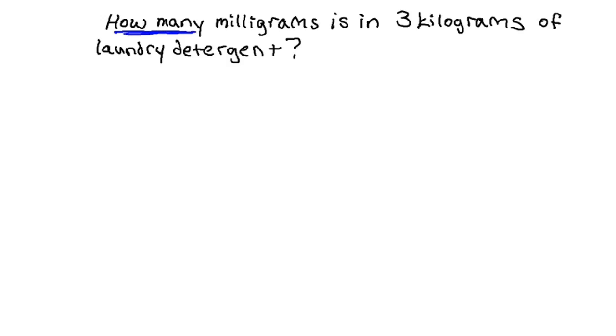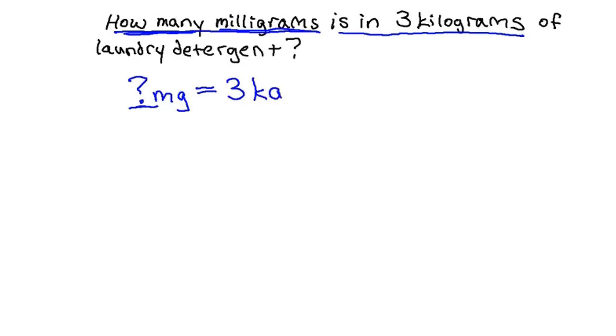That's what they're asking. And they're asking how many what? How many milligrams? So we're going to put question mark milligrams. And then we'll look for the equivalency, which is in 3 kilograms of laundry detergent. So we're going to make that an equals to 3 kilograms.